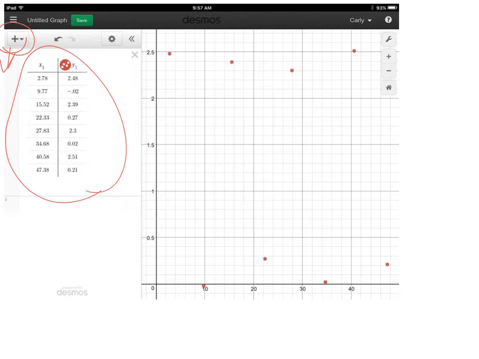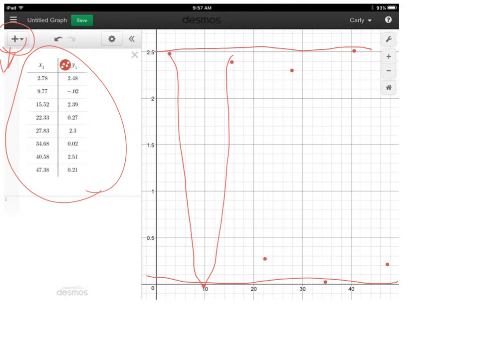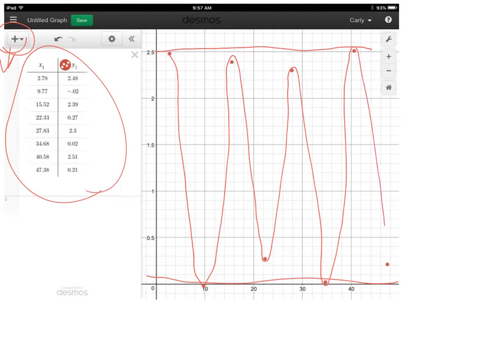Part B of the question: what type of function would best model this set of data? Explain your choice. We don't really have a set maximum or a set minimum, but we're pretty close. If I just connect the dots, you can see a sine or a cosine function, which is pretty fun.